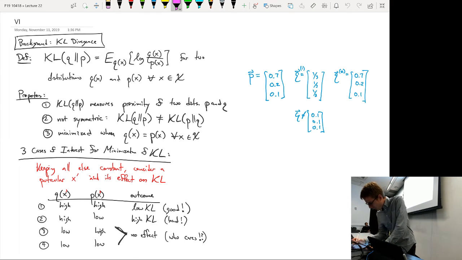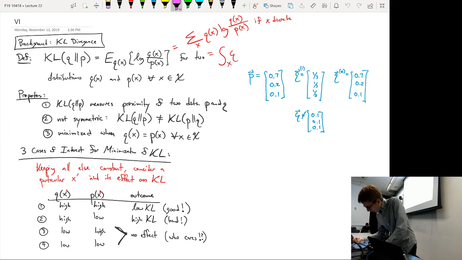If we were to write out this expectation, if x was discrete, then it would be a sum over all the x's of Q(x) log Q(x) over P(x). And it would equal an integral over x of Q(x) log Q(x) over P(x) dx if x is continuous.